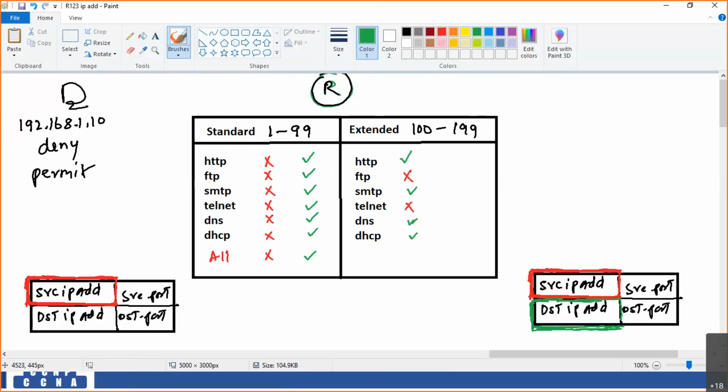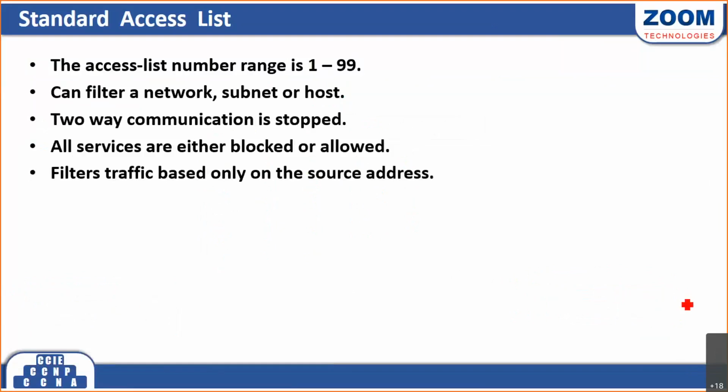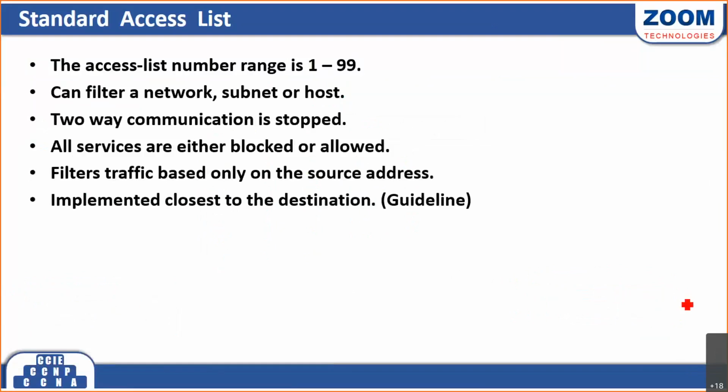So source IP, destination IP, and which service you are trying to access, your source port number and destination port number. Everything is examined by extended ACL. Standard ACL is only source, only one column. Extended ACL: source IP, destination IP and service. The guideline is to implement standard ACL closest to the destination side.